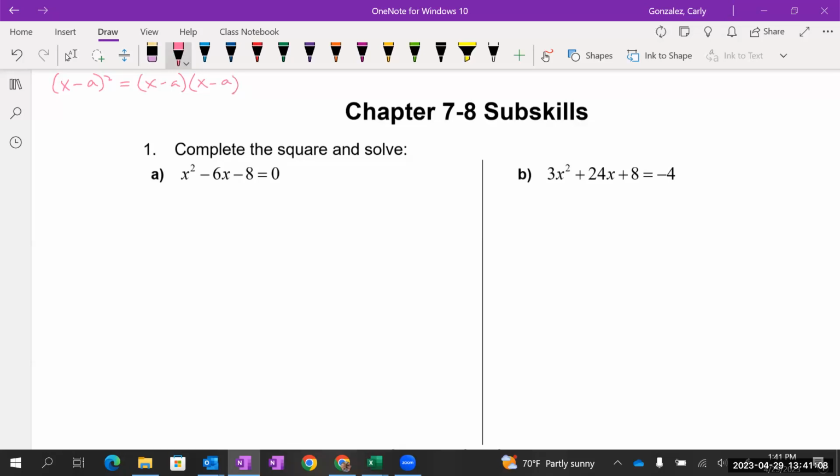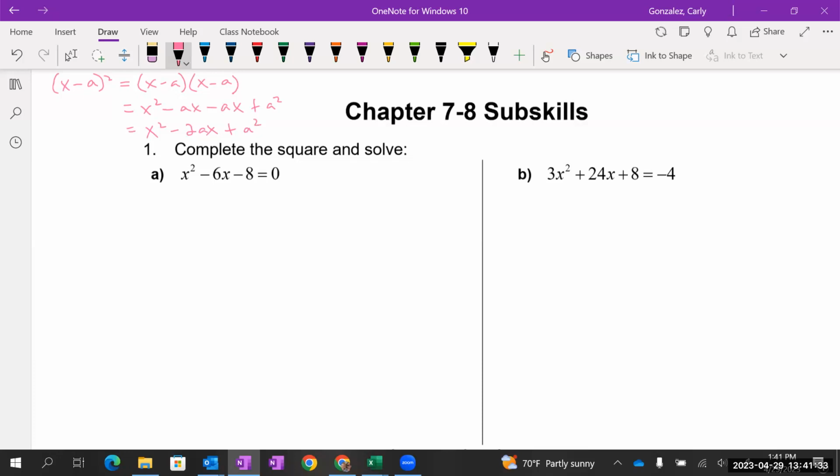If I then multiply that out, I get x squared minus ax minus another ax, and then plus a squared. And so we have x squared minus 2ax, we have like terms and so they combine, plus a squared.